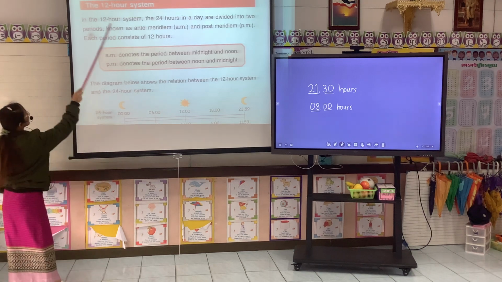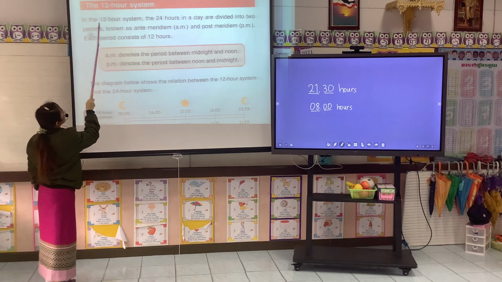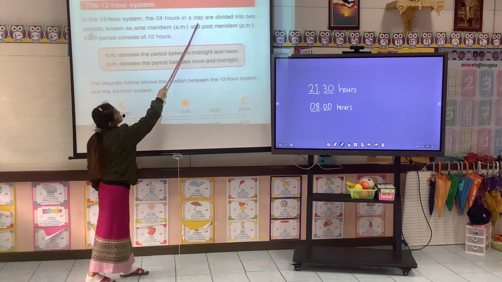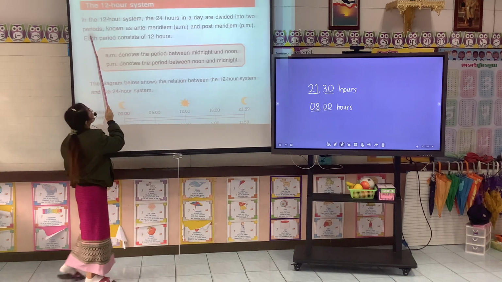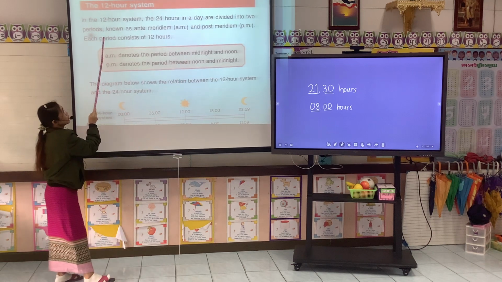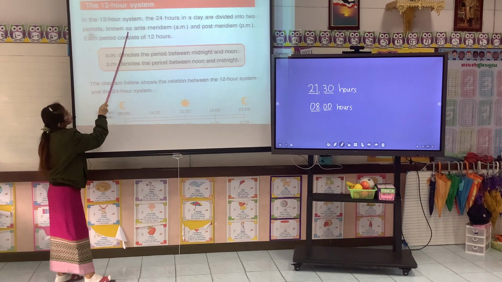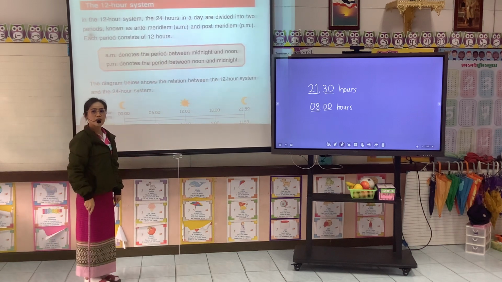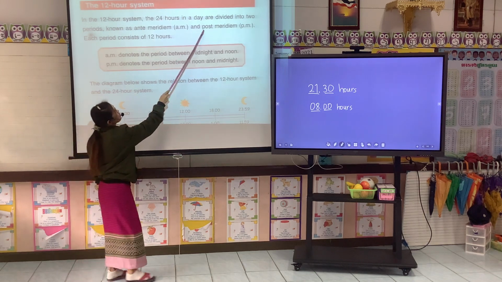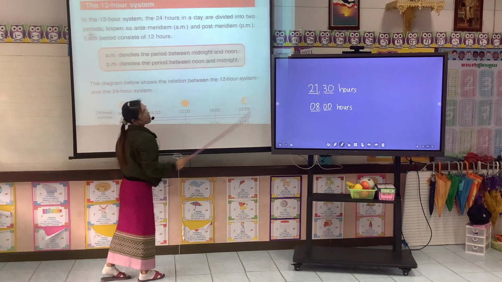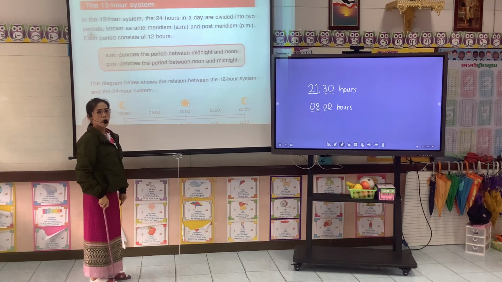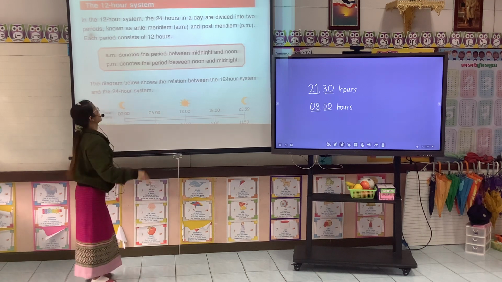In the 12-hour system, the 24 hours in a day are divided into 2 periods, known as ante-meridiem or AM, meaning in the morning, and post-meridiem or PM.